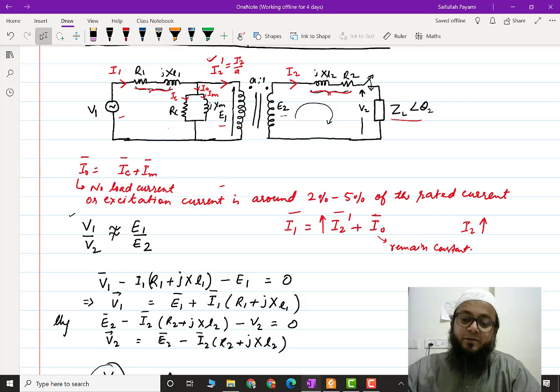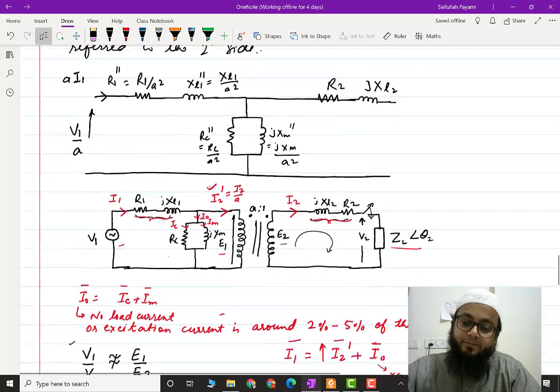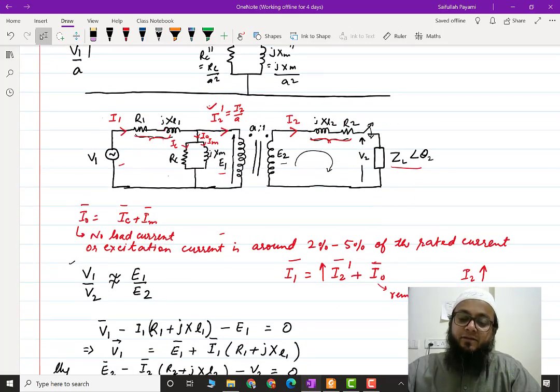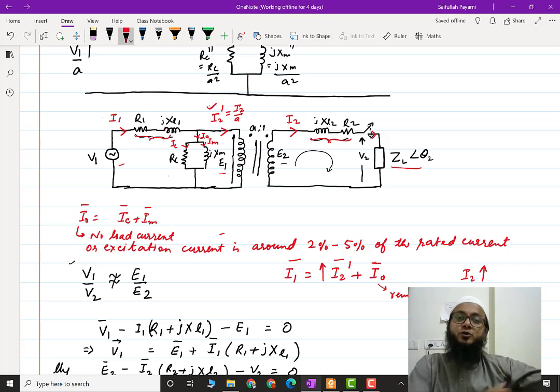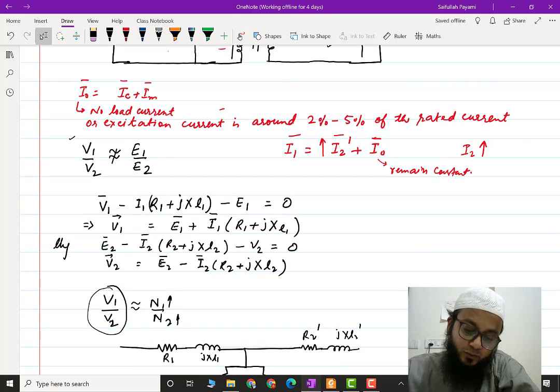If my reference voltage is V2, there would be an angle between V2 and I2. If V2 is at some angle, then this current I2 would be lagging V2 by an angle of theta 2. And this E2 is equal to the sum of V2 plus I2 (R2 plus jXL2).